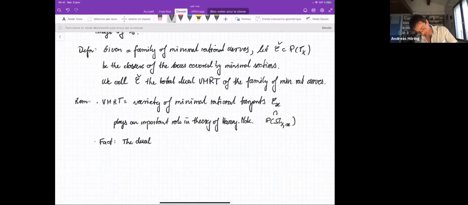C-Chetch X. Okay, so I defined a C-Chetch to be a subset of the projectivized tangent bundle, but of course I can also just look at what happens over a point. Just take the fiber, and then I have a subvariety of a projective space, and this is the projective dual of the VMRT.